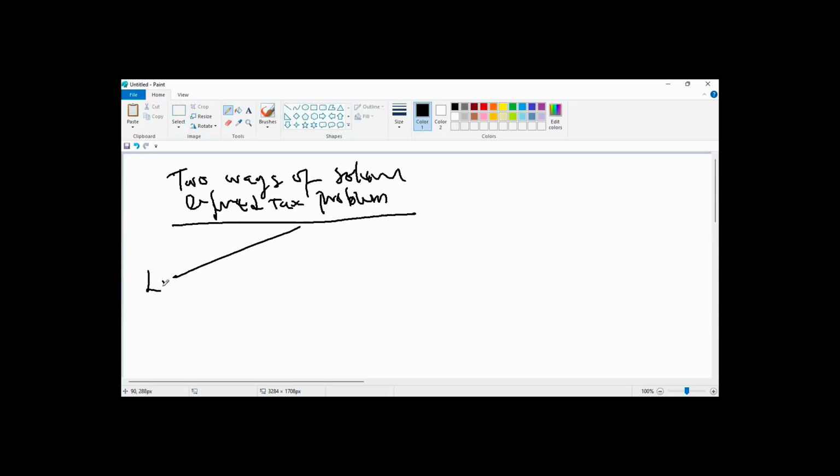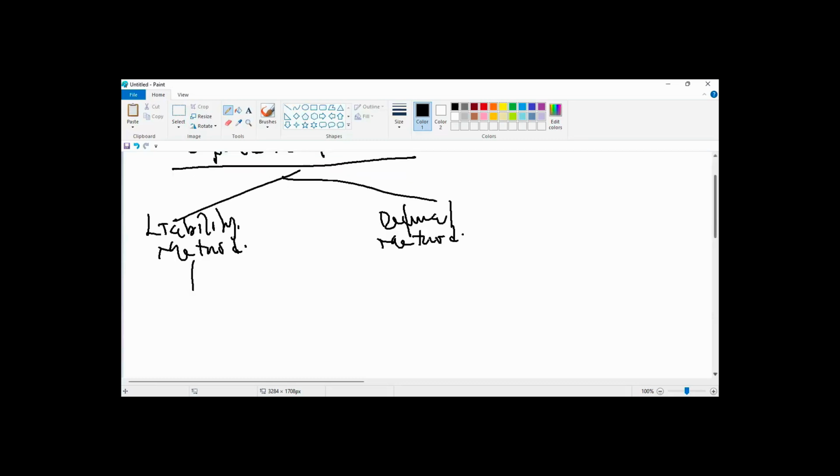We have the liability method and we have the deferral method. The liability method, which is the popular method, makes use of items in the P&L and items in the statement of financial position, while the deferral method makes use of items in the P&L.